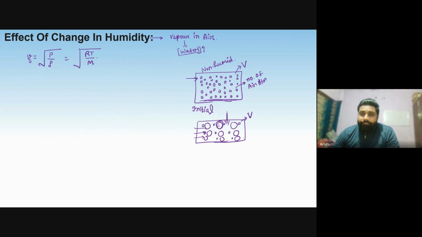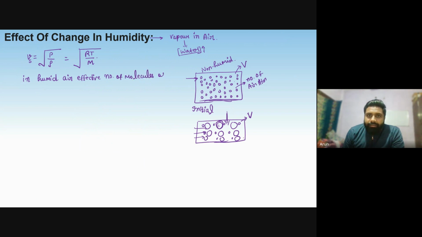So if you see the effective number of molecules of air in humid air in the same volume, will it be increasing or decreasing?